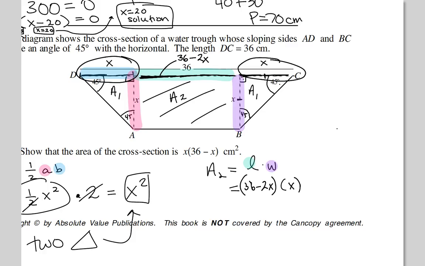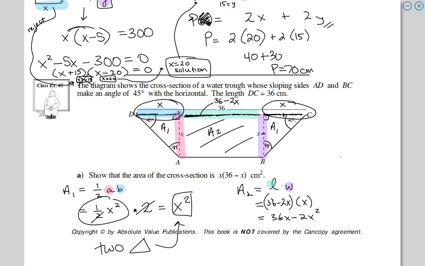Okay. So let's expand that. We have 36x minus 2x squared. Now we need to add up the 2a1. So the 2a1 was x squared plus a2, 36x minus 2x squared.